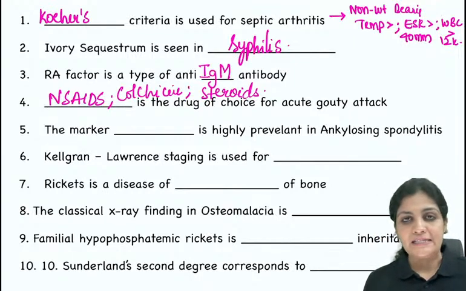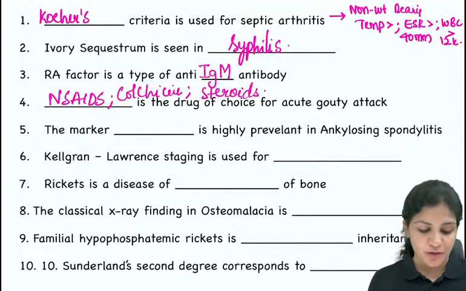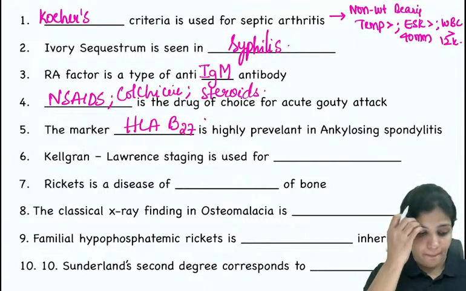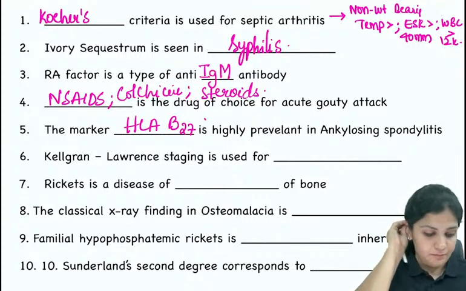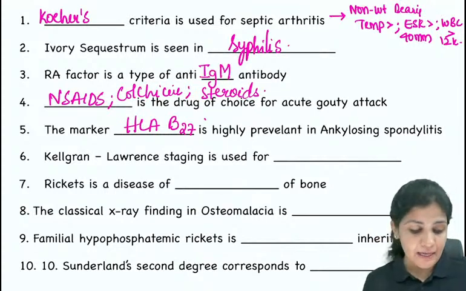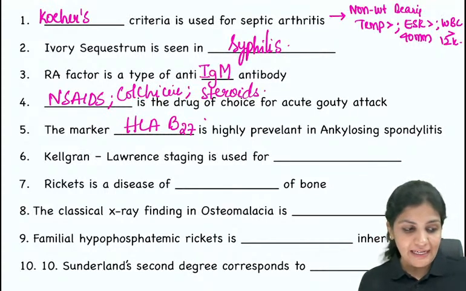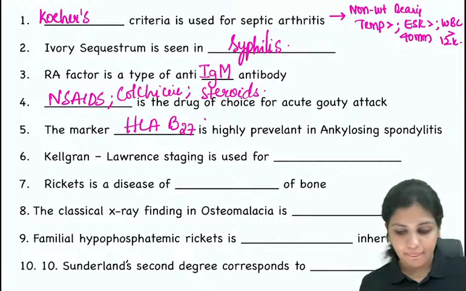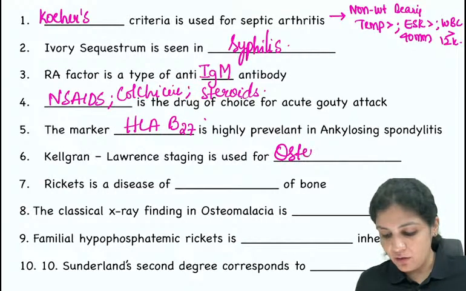The marker that is highly prevalent in ankylosing spondylitis is HLA B27. Kellgren-Lawrence staging is used for grading of osteoarthritis.